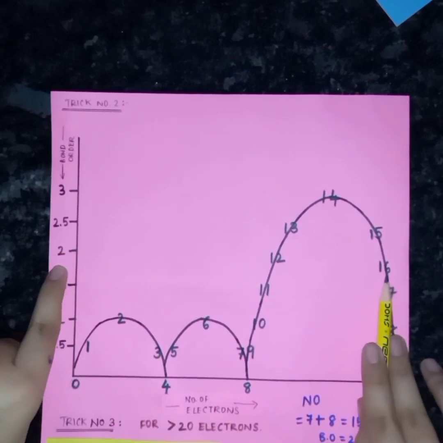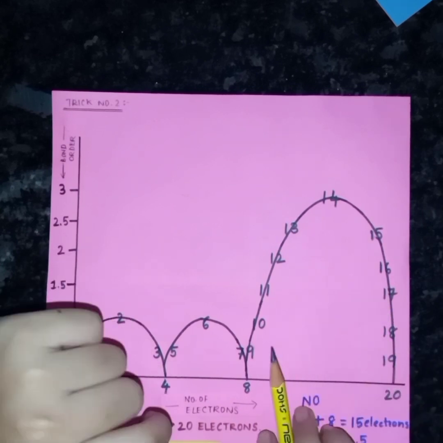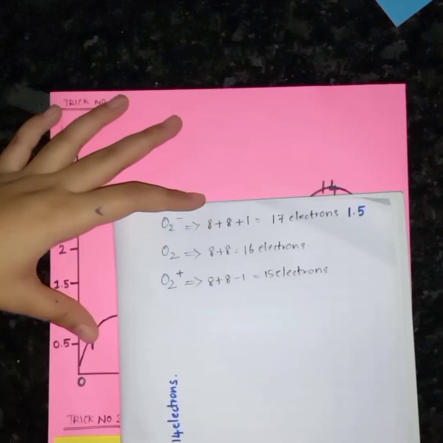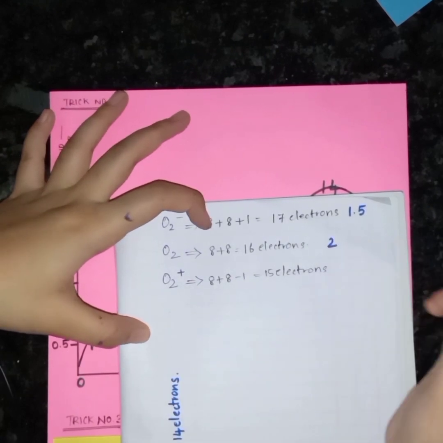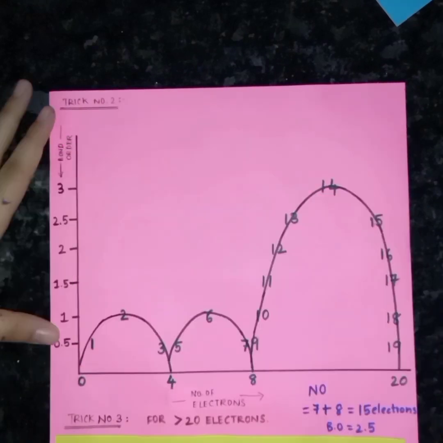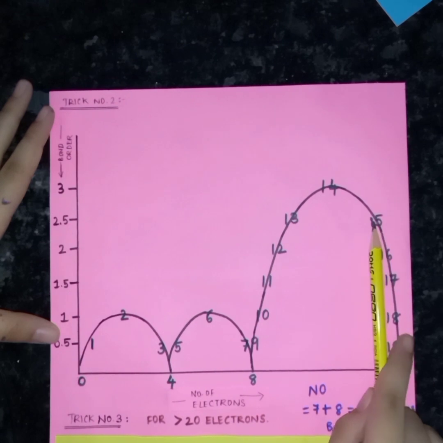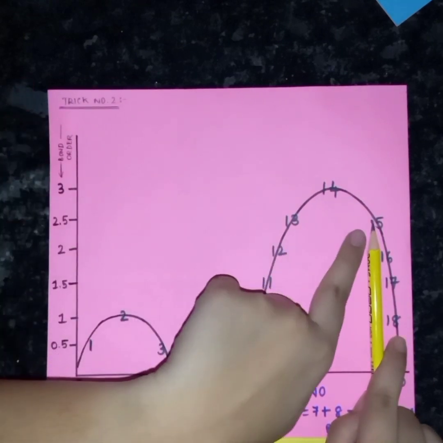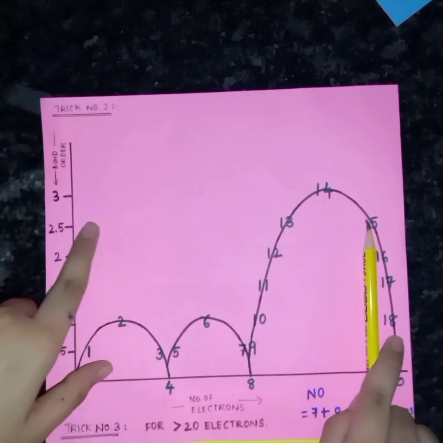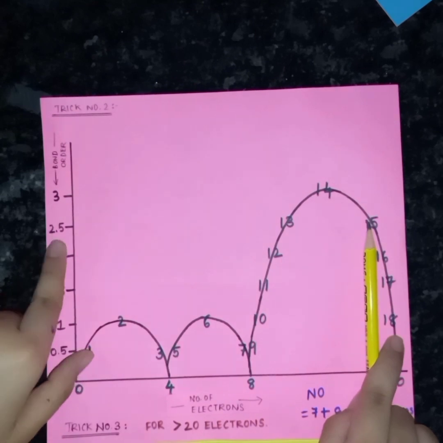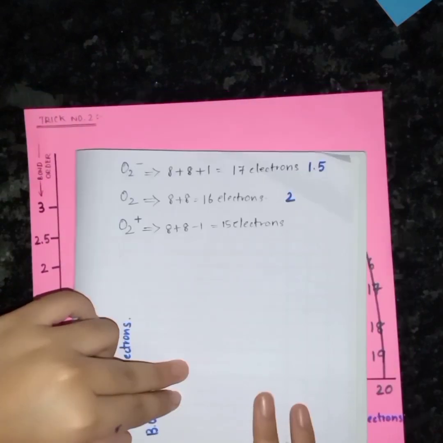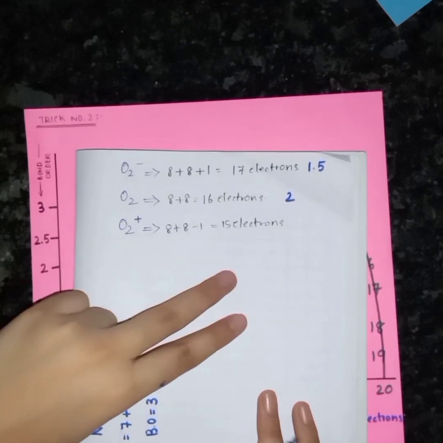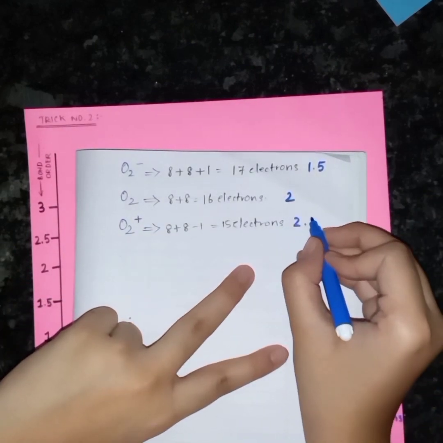The bond order is 2 for 16 electrons. Therefore, the bond order of O2 is 2. For 15 electrons, what is the bond order? The bond order is 2.5 for 15 electrons. Therefore, the bond order of O2 plus will be 2.5.